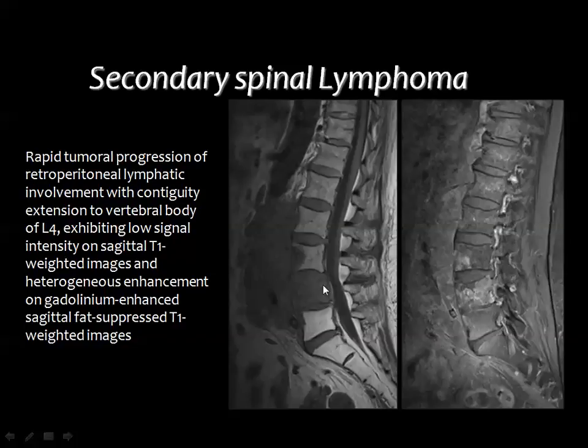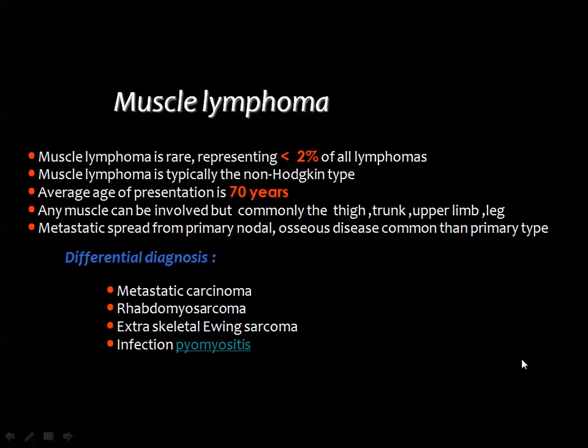See destructive lesion in L4 vertebra and a smaller region at L3 with a very big extraosseous soft tissue component. And you can easily appreciate that the disc spaces, this one and this one, are not involved. Then the diagnosis is between metastasis and lymphoma, and you need the help of biopsy to confirm the diagnosis.